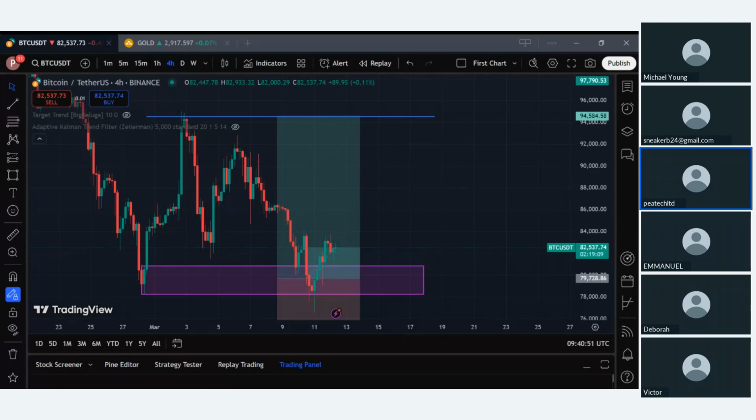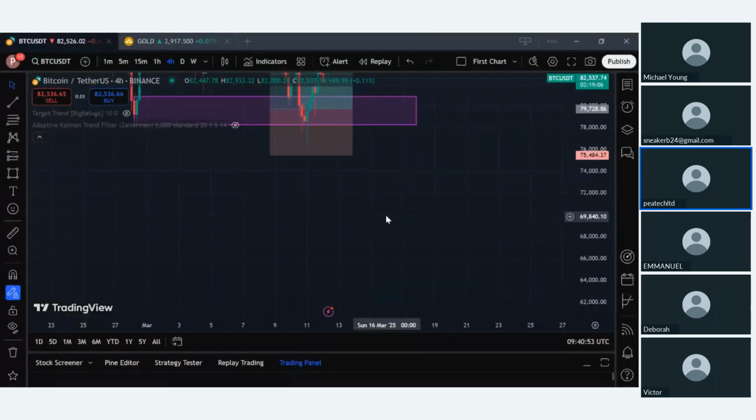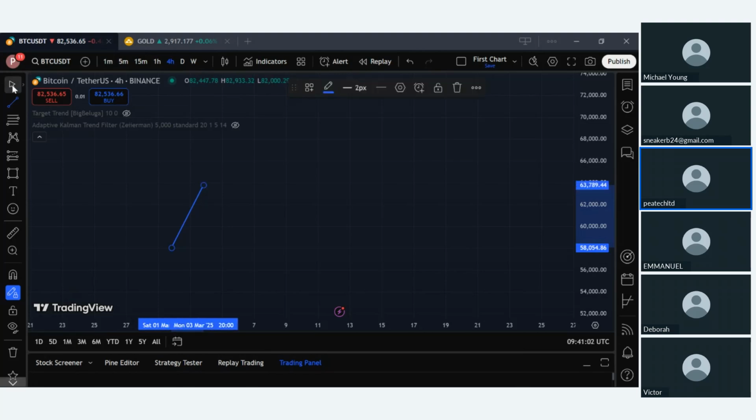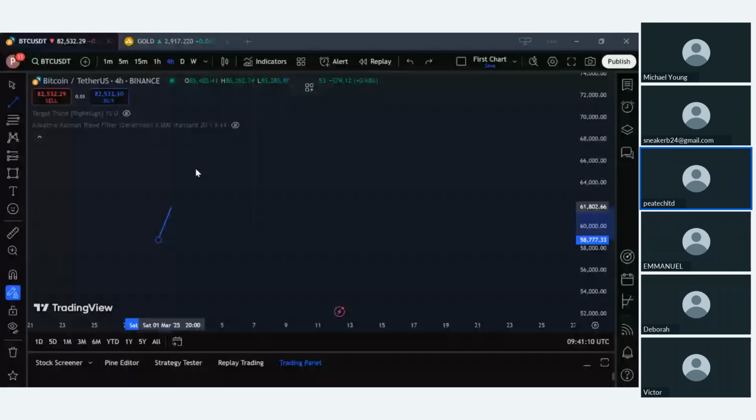So let's say this market right here has not played out at all, and we have the first impulsive move like this. Let me draw it to illustrate.